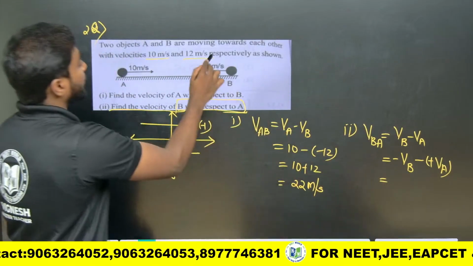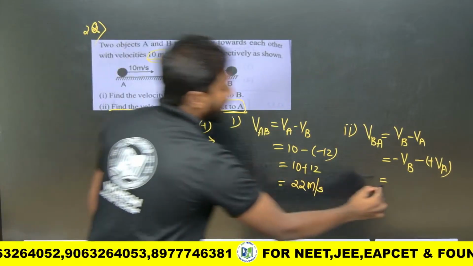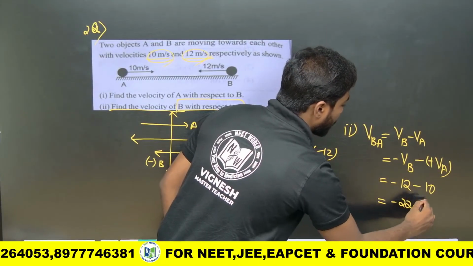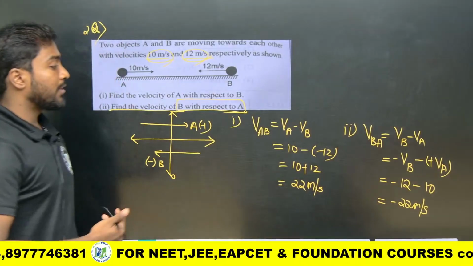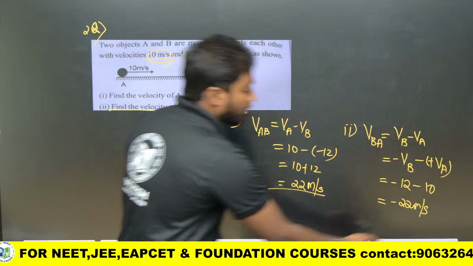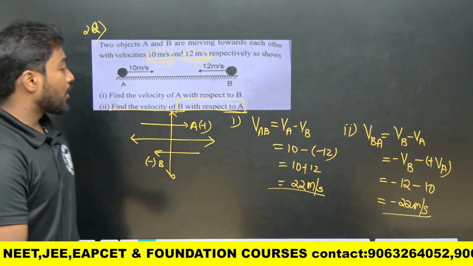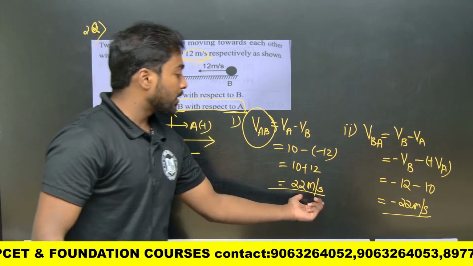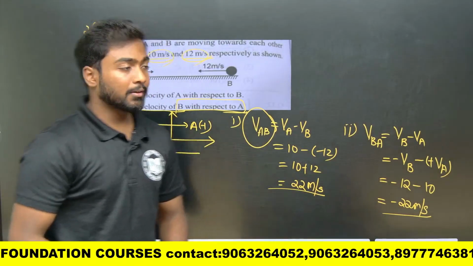The velocity of B is 12, A is 10. Minus 12 minus 10 is minus 22 meter per second. So this is the answer for the second part. Part 1 is 22 meter per second and part 2 is minus 22 meter per second. So according to the observer, the reference point, the signs of the velocities change.